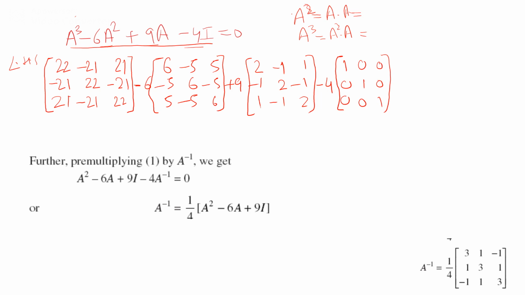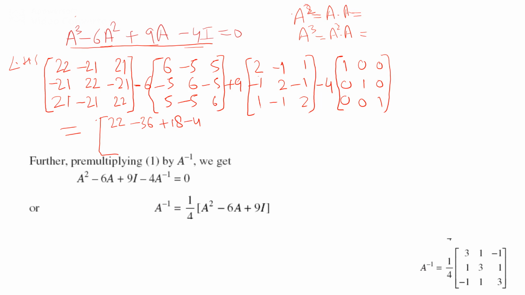Now you add the matrices. What do you get? You get 22 minus 6 into 6, that is 36, then plus 9 times 2 is 18, and minus 4, that is the first element.